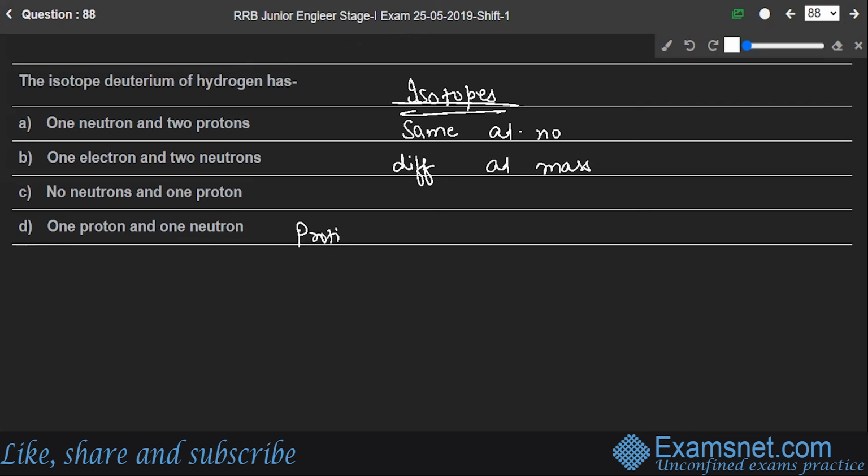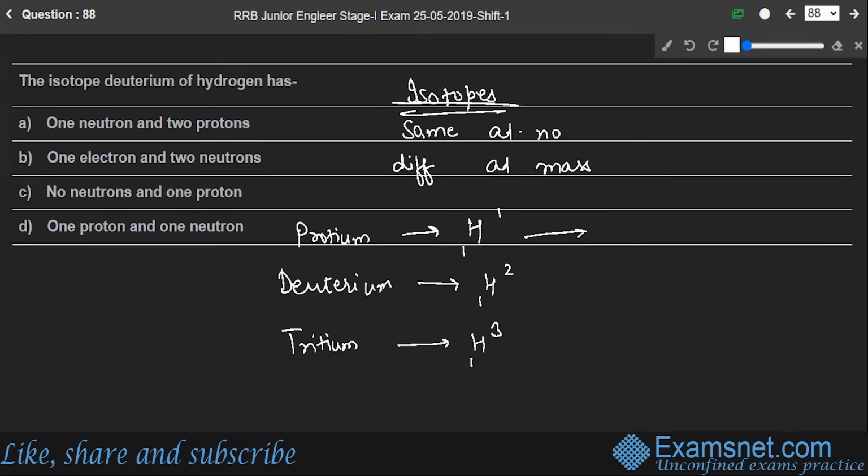The first one is protium, then deuterium, and then tritium. This is written as H11, this is H12, and this is H13. Protium has one electron or proton, and zero neutrons.